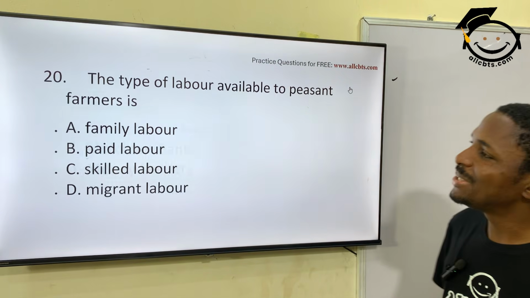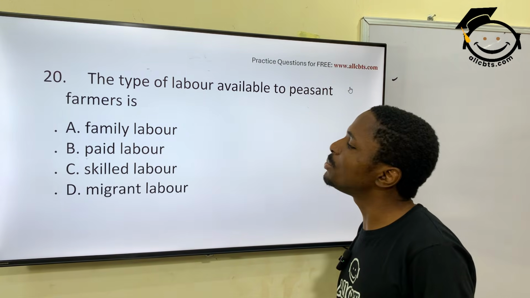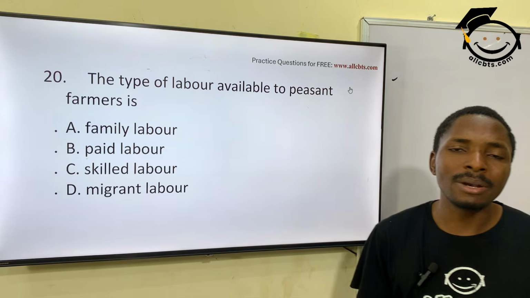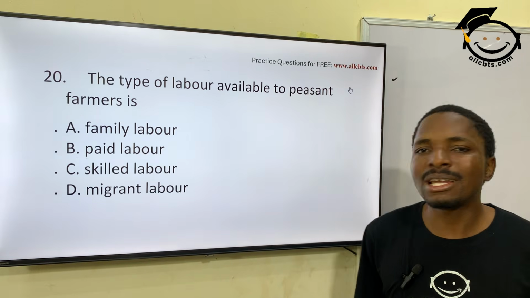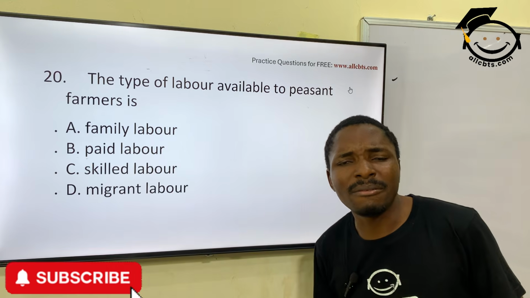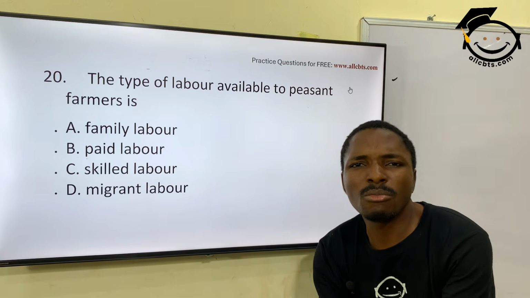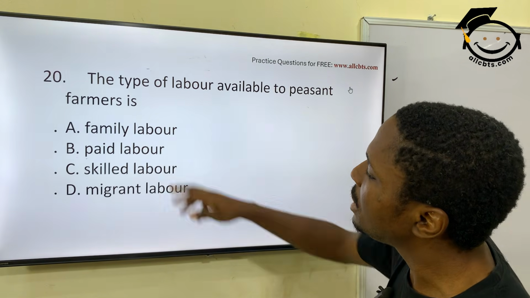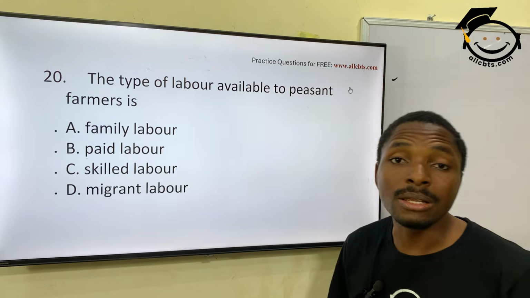Okay, so 20. The type of labor available to peasant farmers. What are peasant farmers? Low level farmers, subsistence farmers. The type of labor that is available to those kind of farmers, small plot of land farmers, is what? You have paid labor, skilled labor, migrant labor, and family labor.